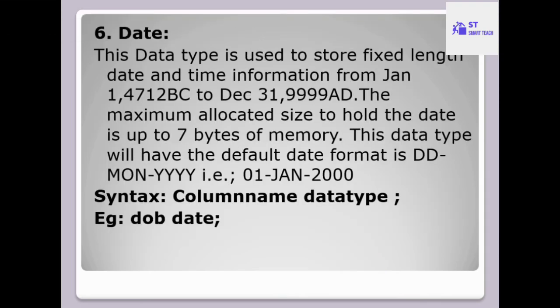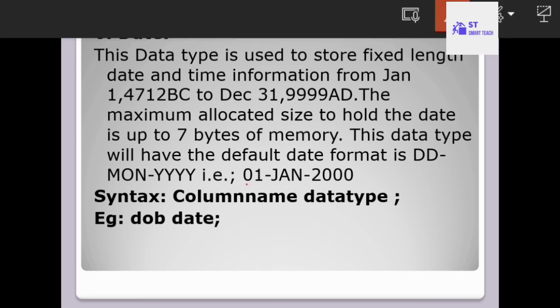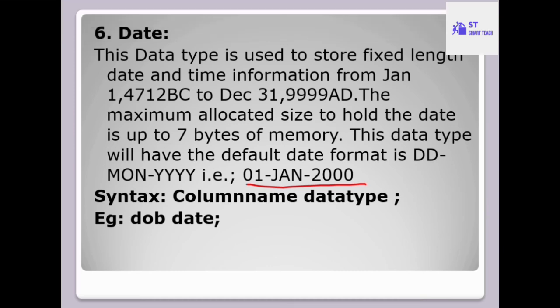Next data type is date data type. So if you want to store some date in the table, date of joining, date of birth, which contain format like 1st January 2000, for this purpose you can use date data type.